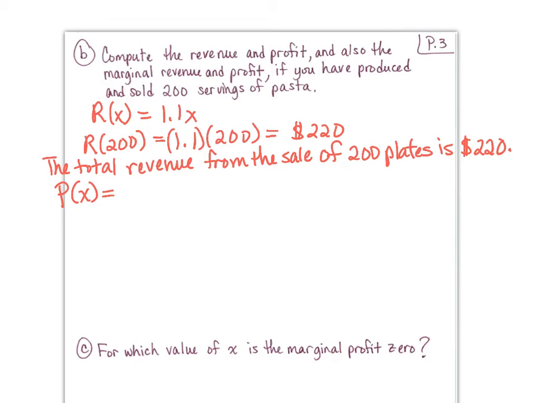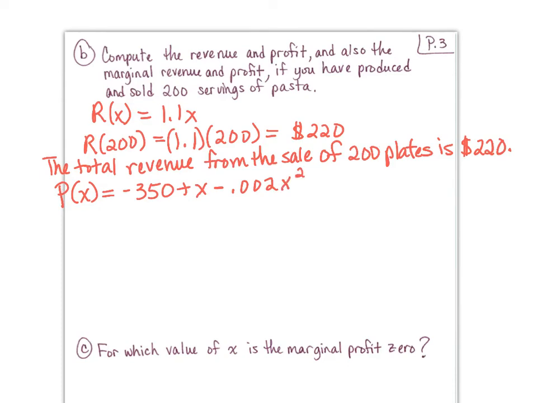Give me the simplified version. Negative 350 plus x minus 0.002 x squared. Good.